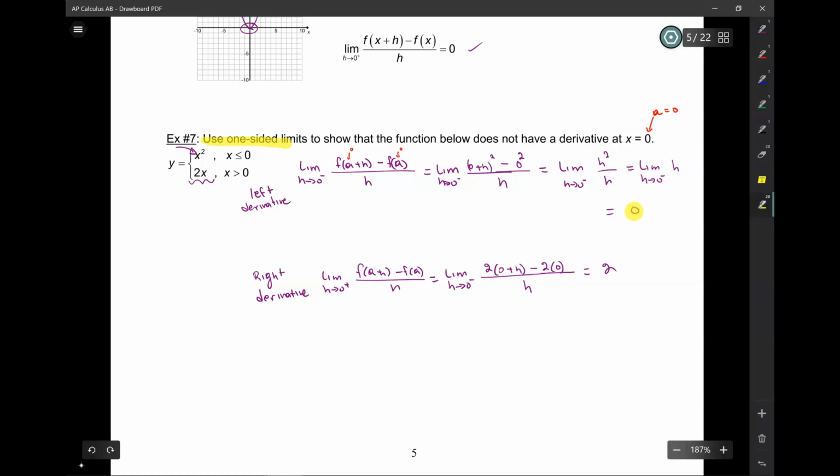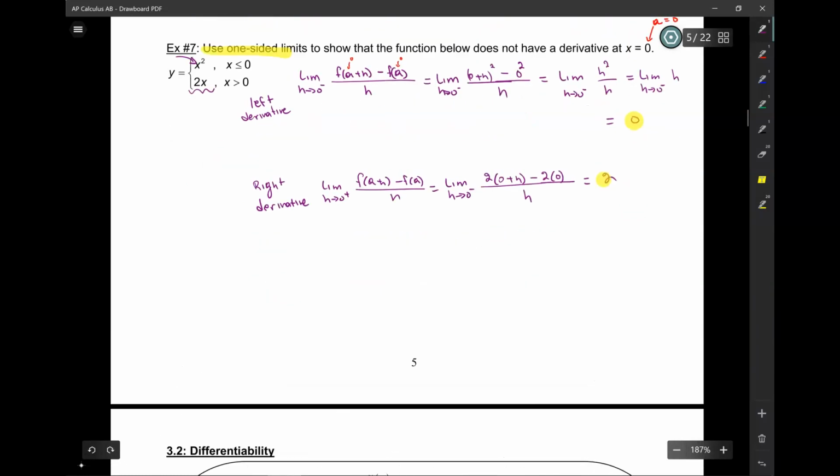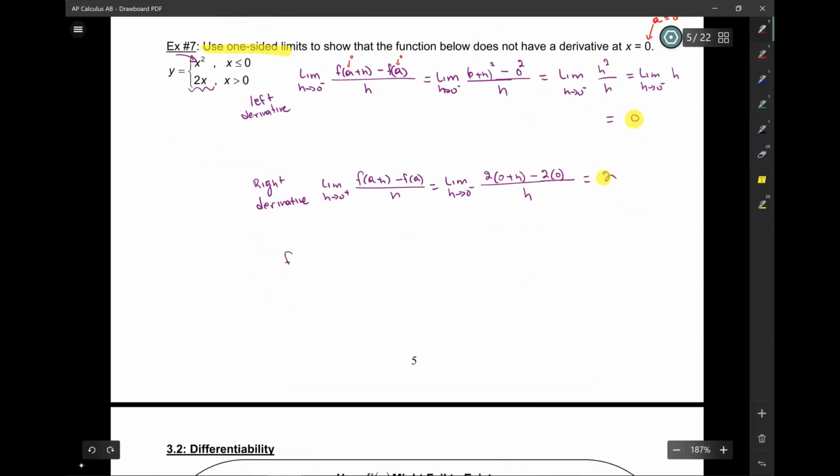All right, so look at this. The derivative from the right and the derivative from the left are not the same. So we say f prime of 0 from the negative side is not equal to f prime of 0 from the positive side.